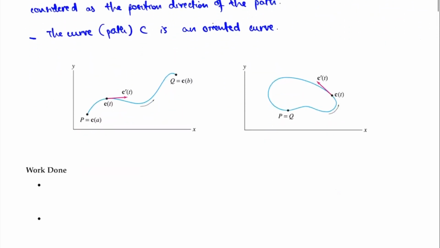So this first image is the oriented path from P to Q.